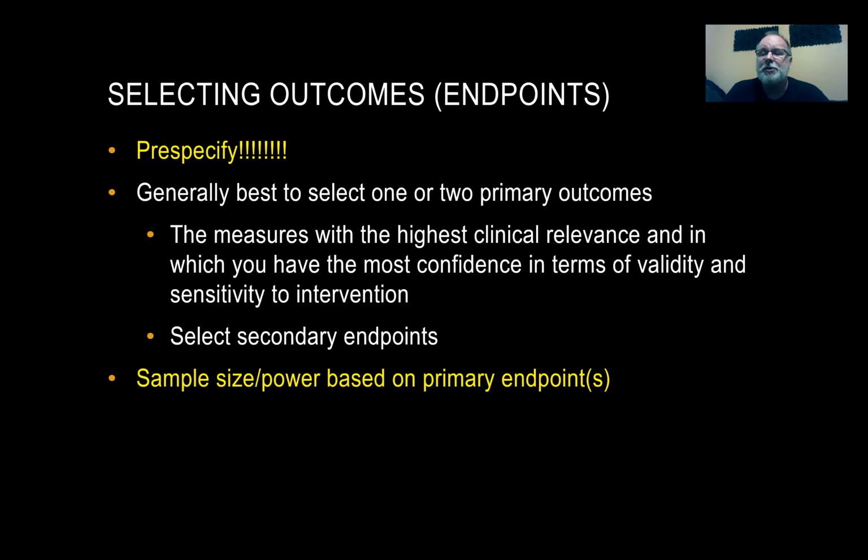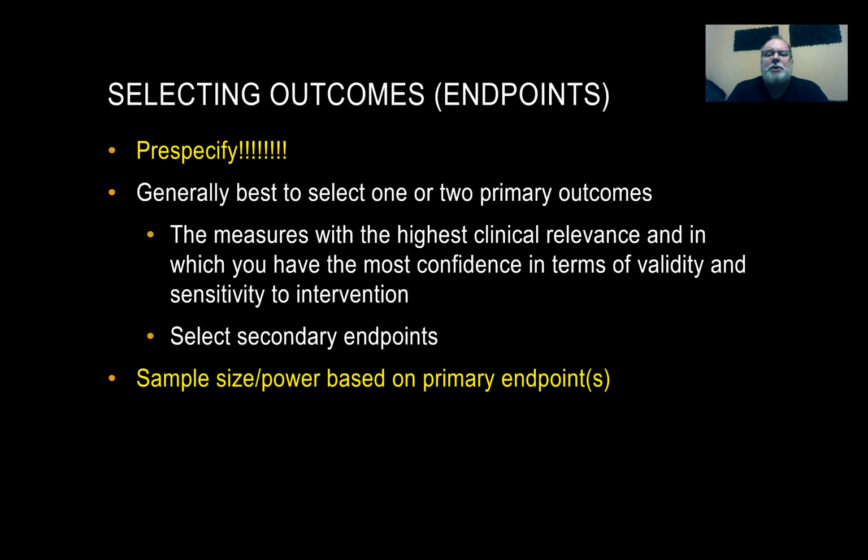Most of us are still doing Fisher's or frequentist statistics. And so the norm is to pre-specify just one or maybe two primary endpoints. We always pre-specify all our endpoints, but we want to make sure that we also correctly identify the hierarchy, which are the primary, which are secondary, et cetera.